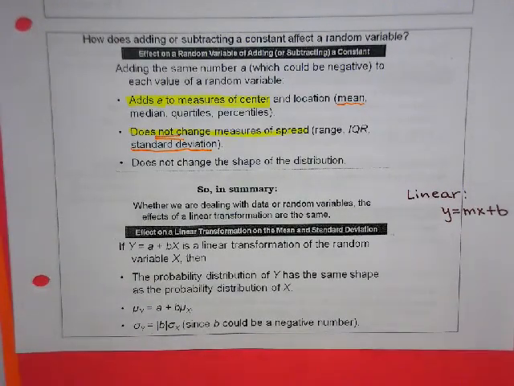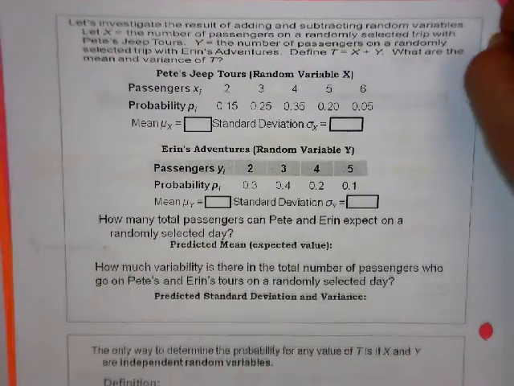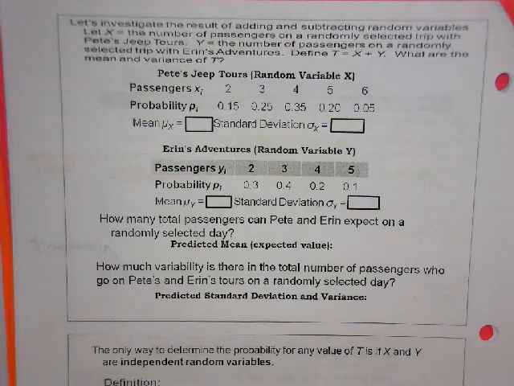So now we're going to do some more transformations. Still working with Pete, but we're going to introduce his sister, right? Siblings. Alright, so we're going to investigate the result of adding and subtracting random variables. X is the number of passengers on a randomly selected trip with Pete.